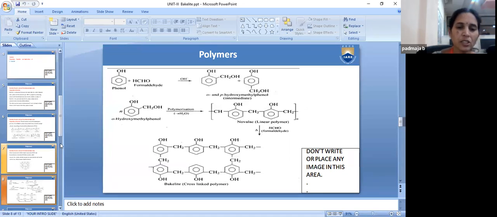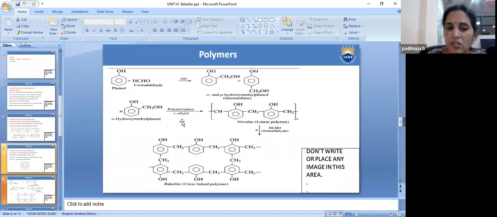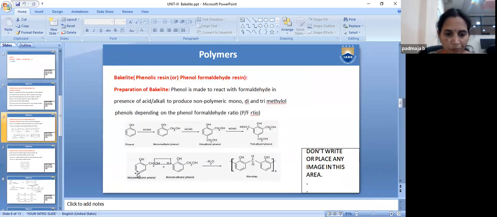Taking ortho hydroxymethylol phenol, n number of molecules undergo the polymerization process. When we go for polymerization, removal of a water molecule, H2O, takes place. Then we get a linear, straight chain polymer, which is known as Novolac.